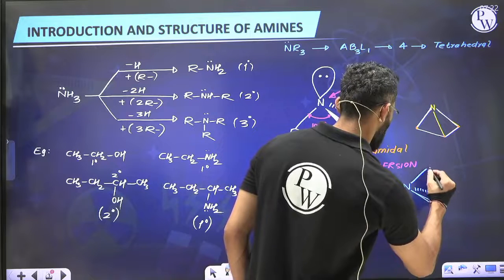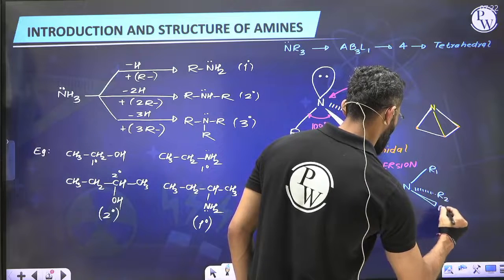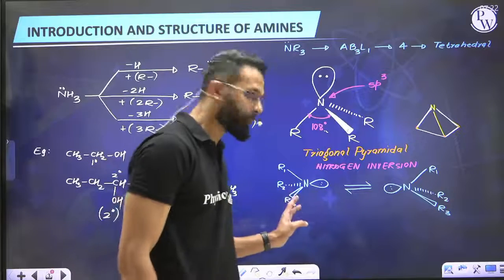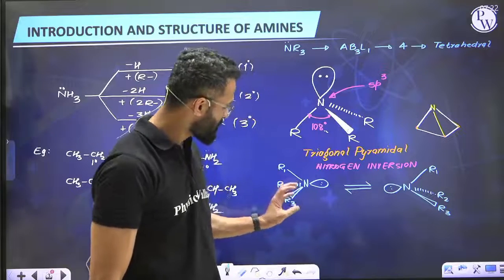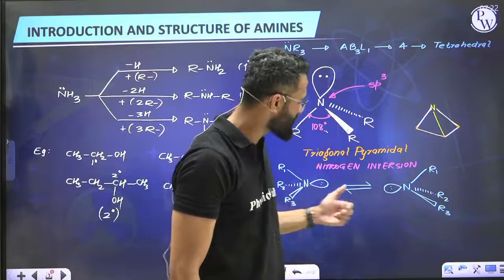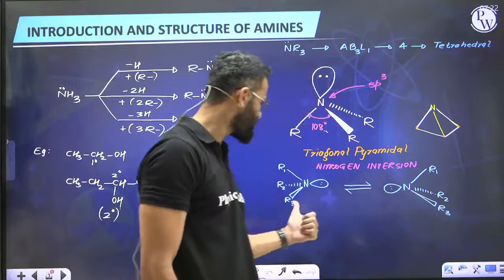So that's R1, R2, and R3. So this first amine undergoes inversion into the second amine. As soon as this is formed, it rapidly undergoes interconversion back to the first amine.